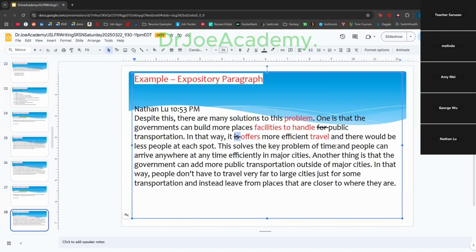Yeah, sounds good to me. This specific solution you're providing also deals with reducing the overcrowdedness, so we can mention that as well. Another thing is that the government can add more public transportation outside of major cities. In that way, people don't have to travel very far to large cities just for some transportation, and instead, can leave from places that are closer to where they are.